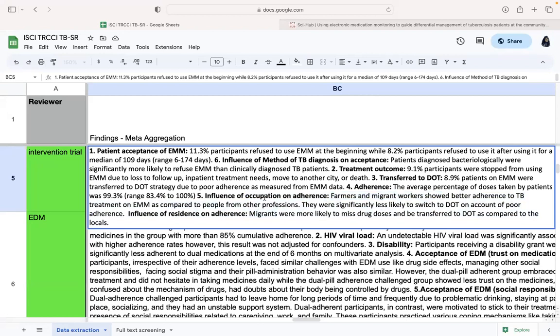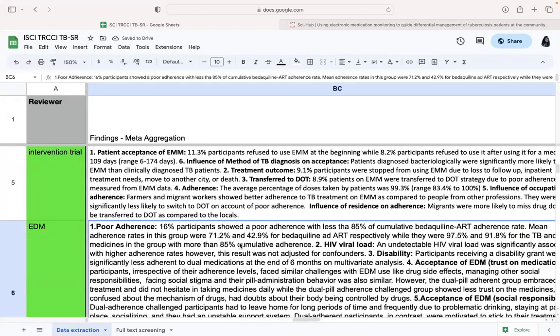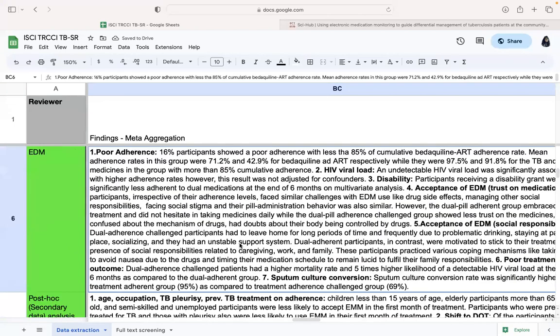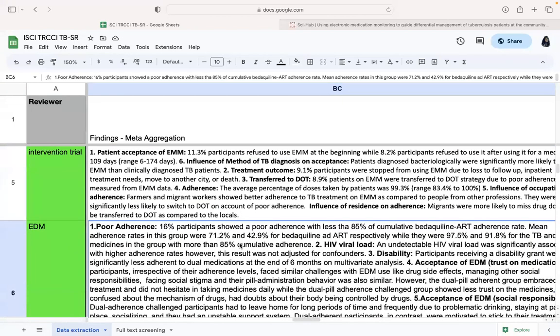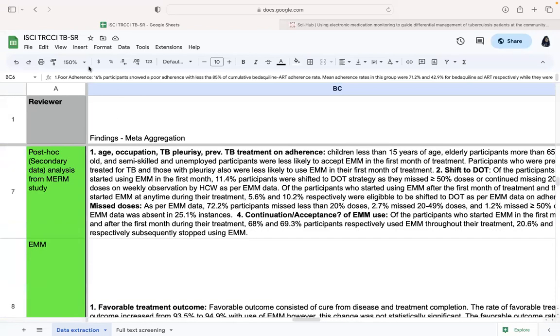But I did not do that because this sentence will fall in a different paragraph. And all the papers that talk about the influence of occupation on adherence, they will be written together in one paragraph, right?